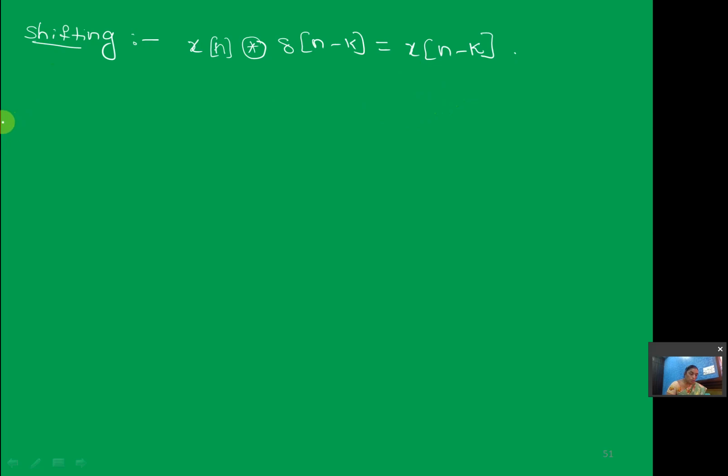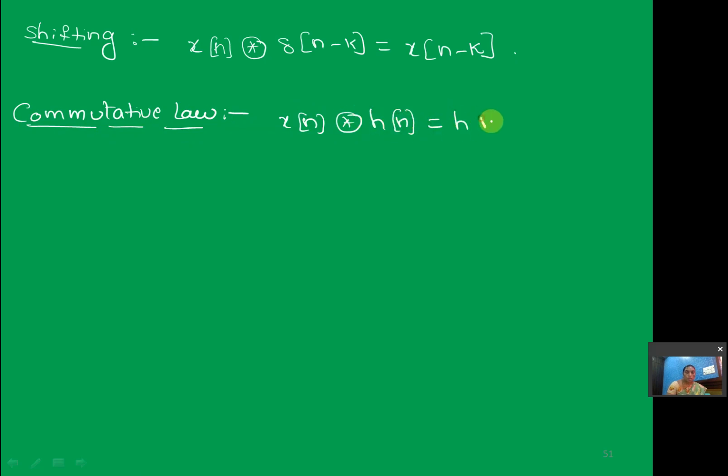Now coming to the commutative law. So what is this commutative law? AB is equal to BA, like that. X of n convolved with h of n always gives h of n convolved with x of n.